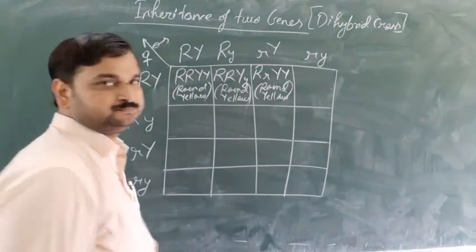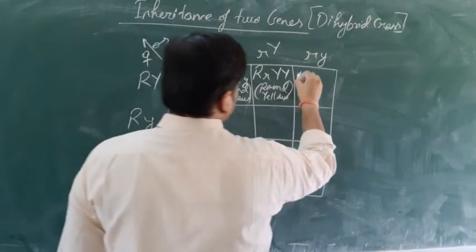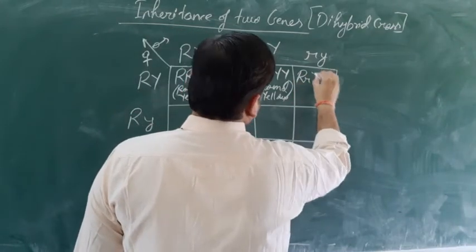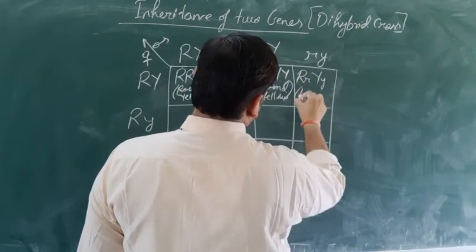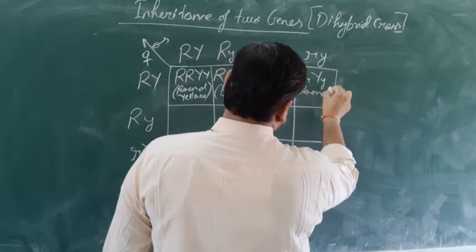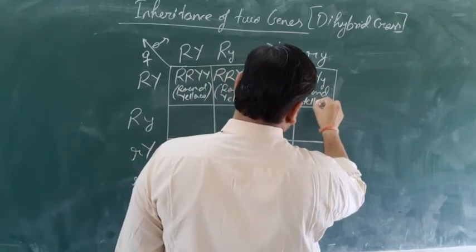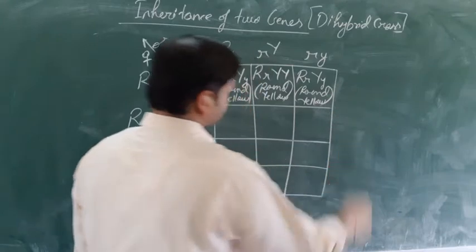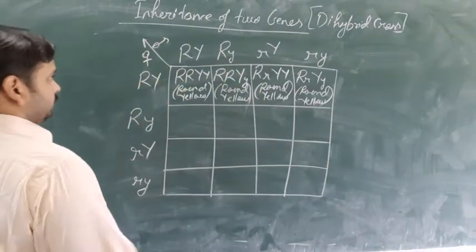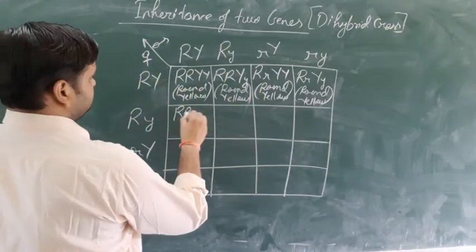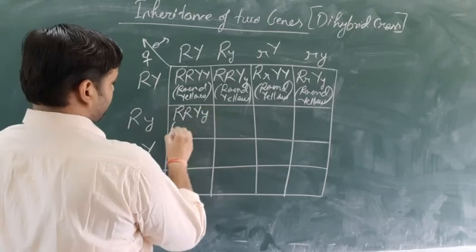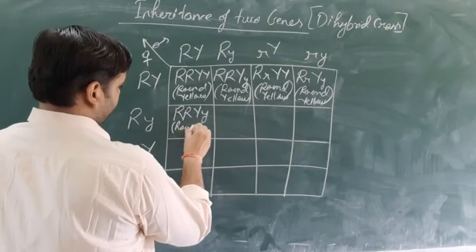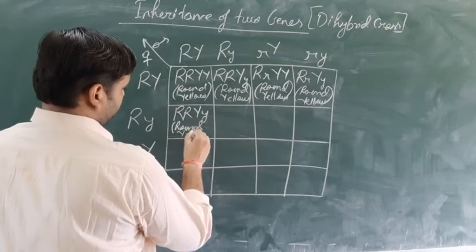Okay. Here capital R small r capital Y small y, again round yellow. Here again capital R capital Y small y, round yellow.